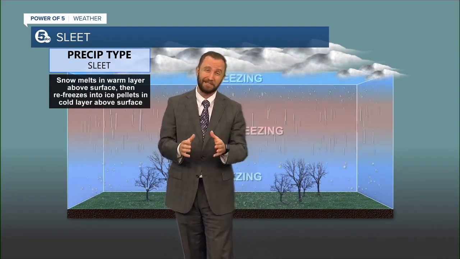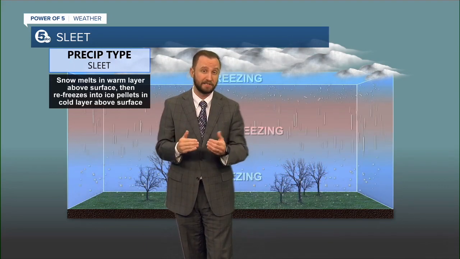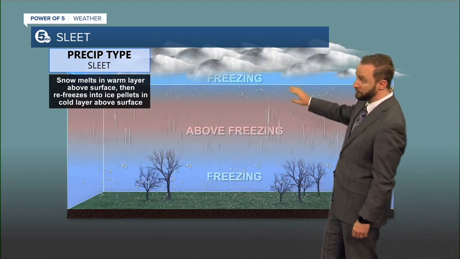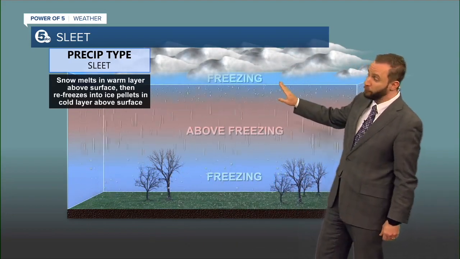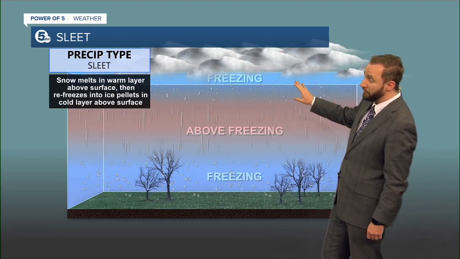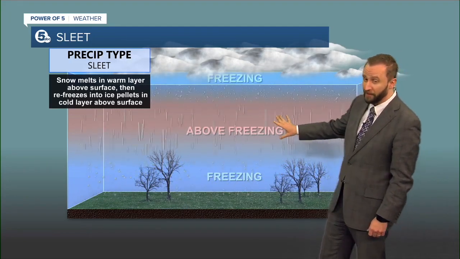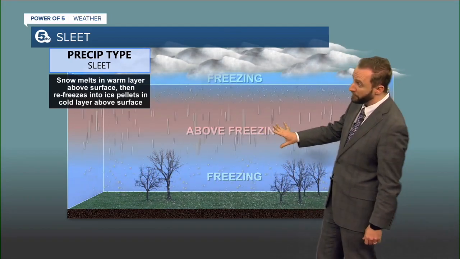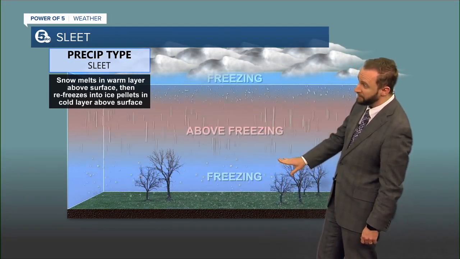Rain, snow, sleet, and hail, 4 precipitation types a lot of us learn as kids, and sleet and hail kind of get mixed up a little bit. There are different processes in the formation of sleet and hail, and sleet is more of a winter process. We are looking at those temperatures well below freezing, well into the atmosphere around the cloud level, and then it does become a little bit warmer, and that allows for some of those at least snowflakes to melt a little bit, becoming more liquid, and then a big freezing layer once again.